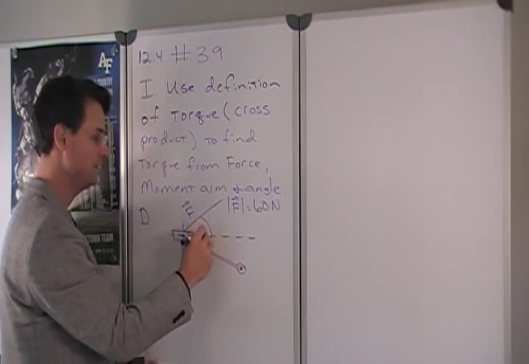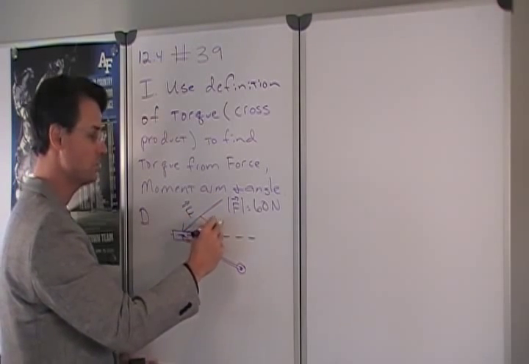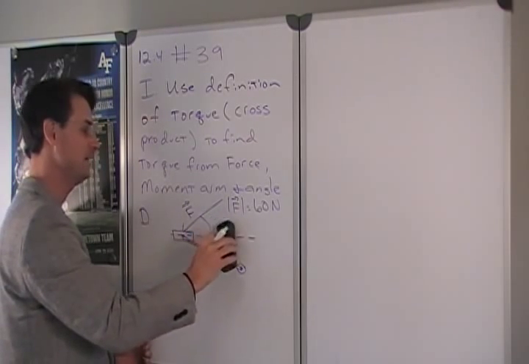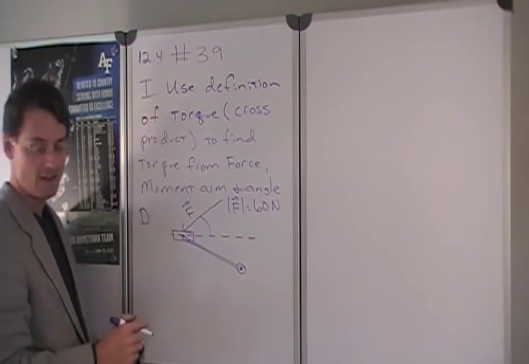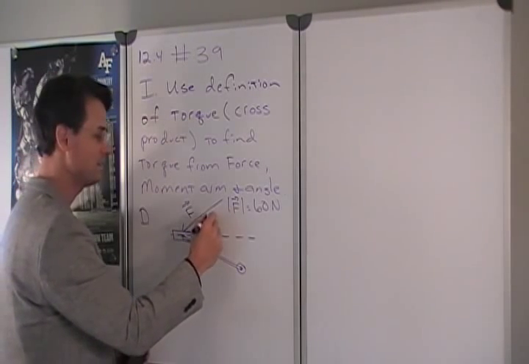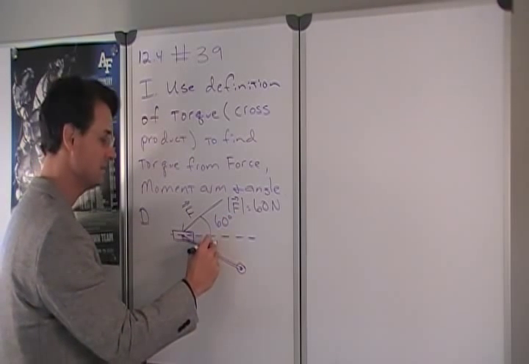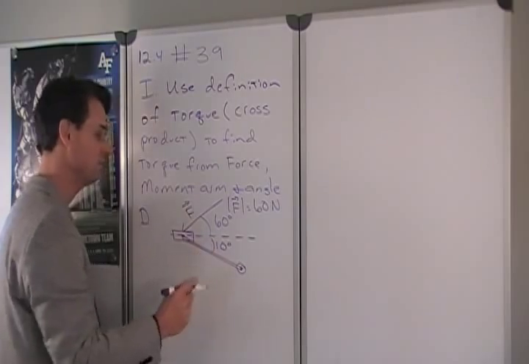We're given the angle between the applied force and the horizontal. It's 70 in the picture, but let's go ahead and solve it for 60 degrees, and let's keep this one at 10 degrees.